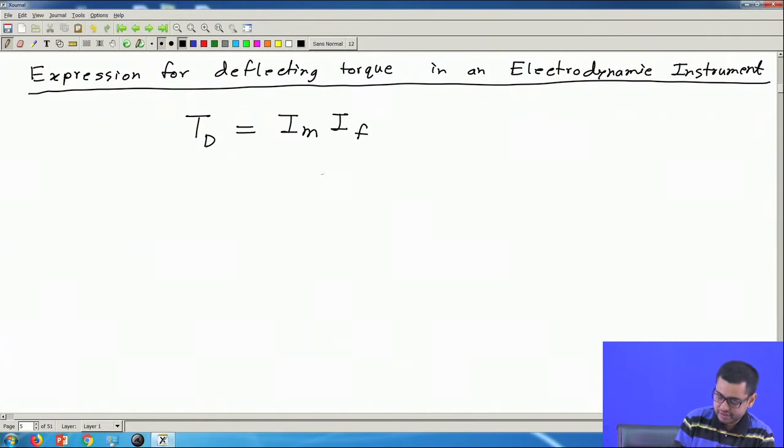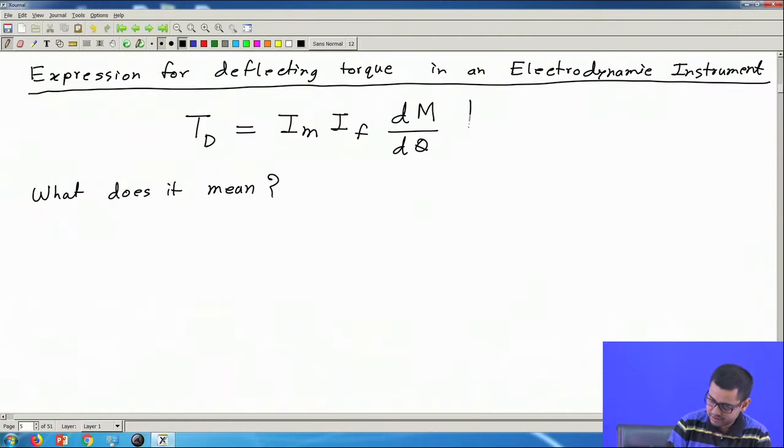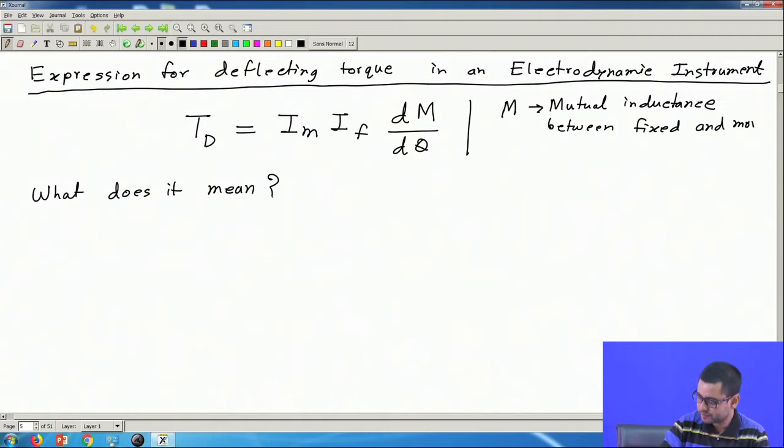IM IF, it is proportional to the two currents in the moving coil and in the fixed coil, and the proportionality constant is dM d theta. What does it mean? So, here M stands for the mutual inductance between fixed and moving coil, and theta is the angular position of the coil.